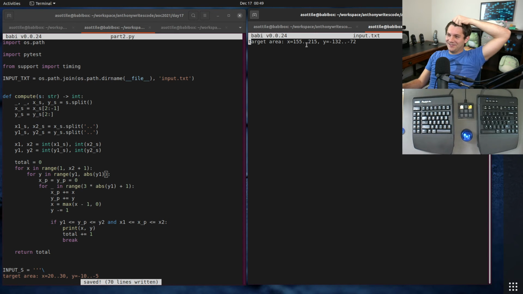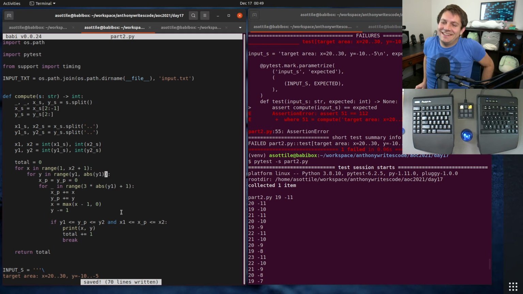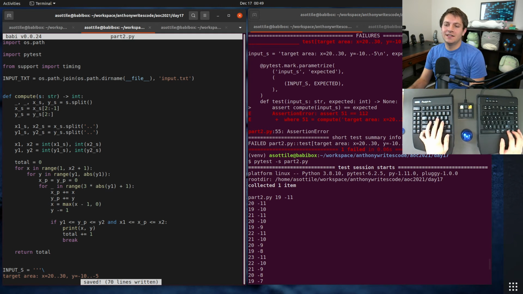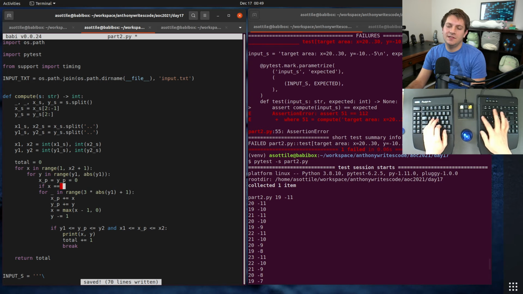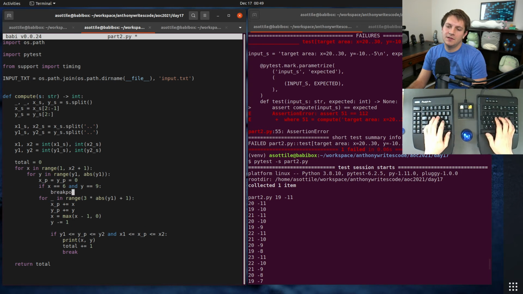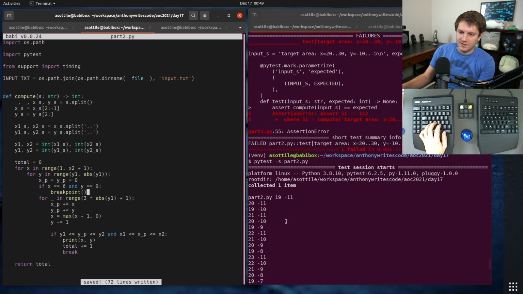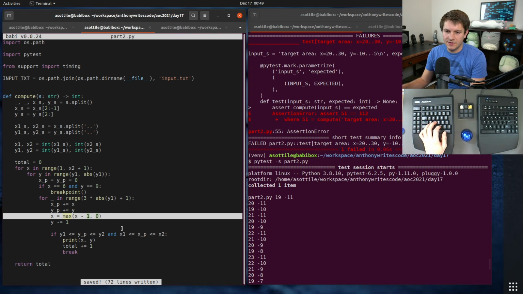You're getting the wrong answer. Yeah, no kidding. All right, let's walk through one of these. If x equals 6 and y equals 9, then we will break a point and take a look at what happens in here.